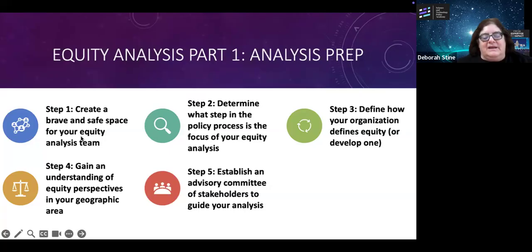We're going to talk about creating this brave and safe place, looking at the equity perspectives in your geographic area, the what step in the policy process that's the focus of your analysis, the need, if at all possible, to establish an advisory committee of stakeholders, and defining, I guess I've got two defines there, but basically thinking about how your organization defines equity, or you're going to need to develop a definition of equity.